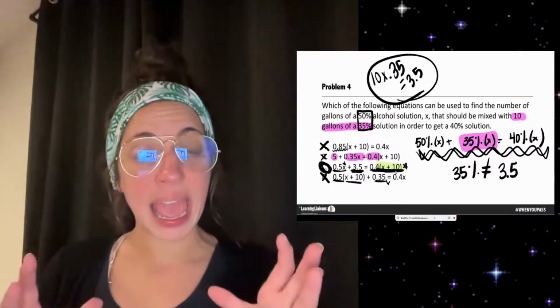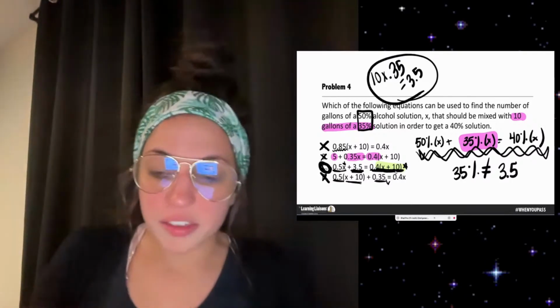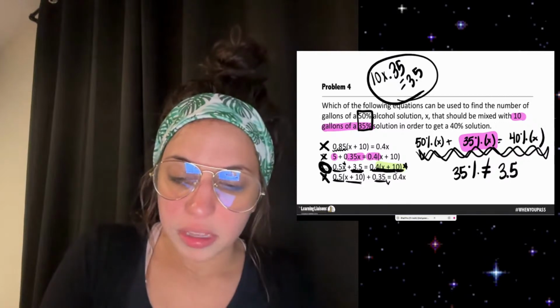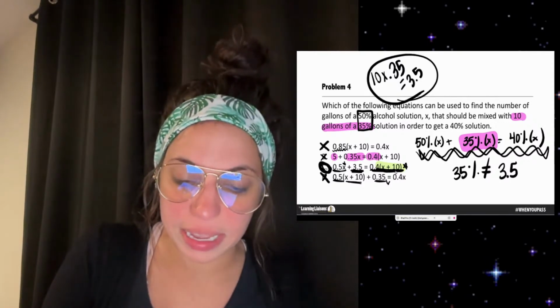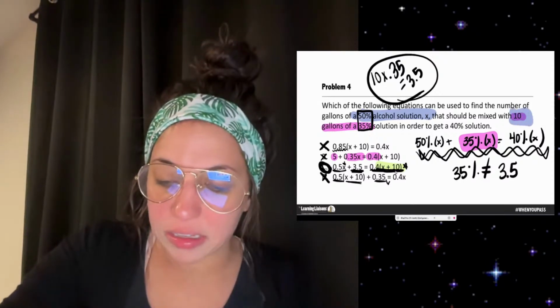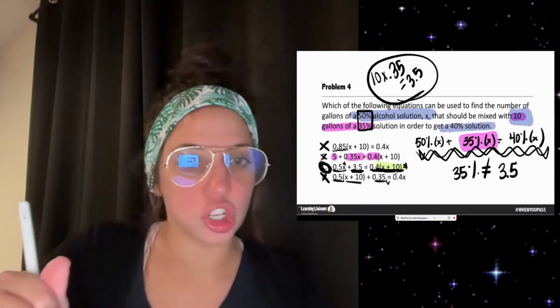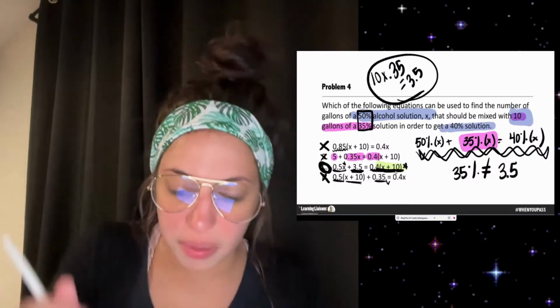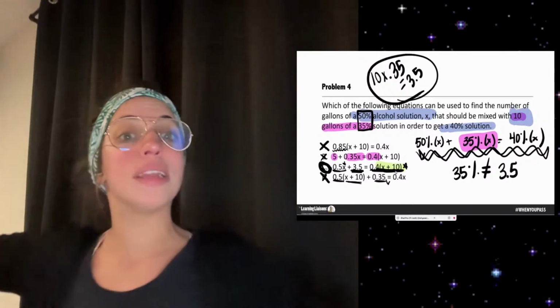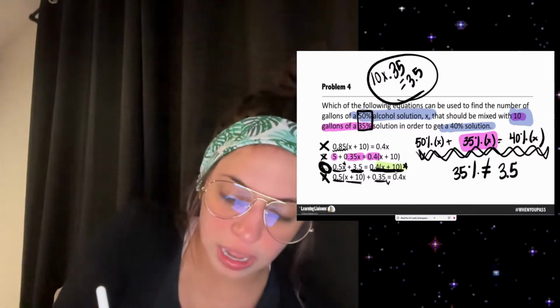That X plus 10 came from the fact that we are mixing some gallons here with 10 gallons to get a solution. So if we are mixing X gallons plus 10 more gallons, it's going to equal a larger solution.